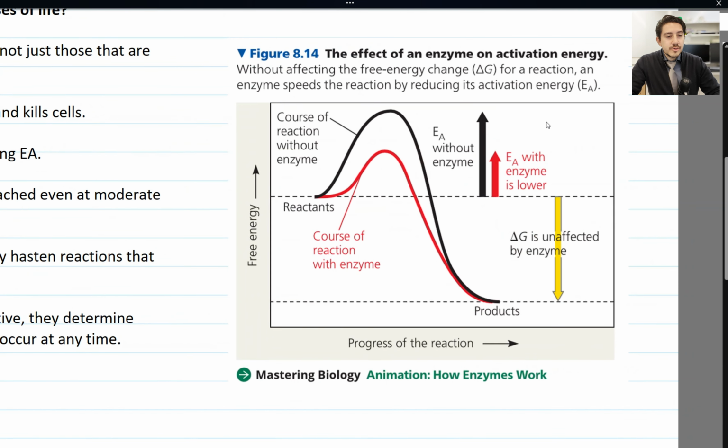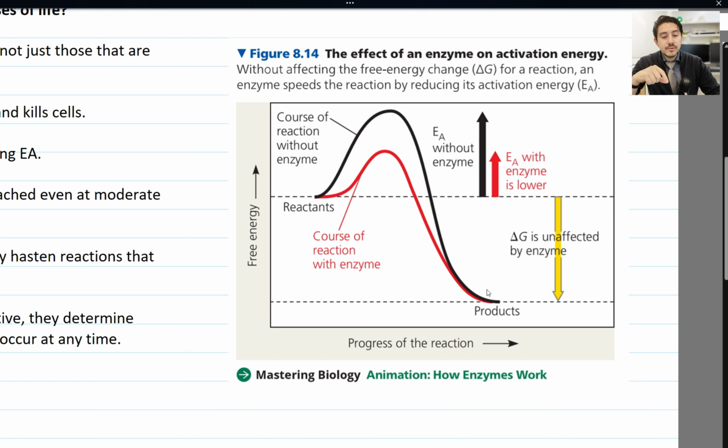So I want to zoom into this particular panel here, the effect of an enzyme on activation energy. In the previous diagram, I showed that the reactants need to reach this certain energy of activation, or activation energy, either is fine, to move forward. When you apply in this solution the enzyme that would correspond to the reactants, you can see that the energy of activation greatly decreased, almost halfway there. So it's a lot lower, and this will enable the reactions to occur faster, just because the activation energy is lower.